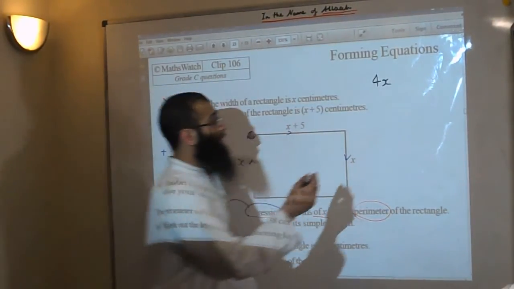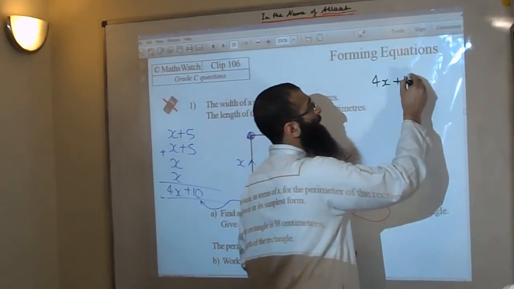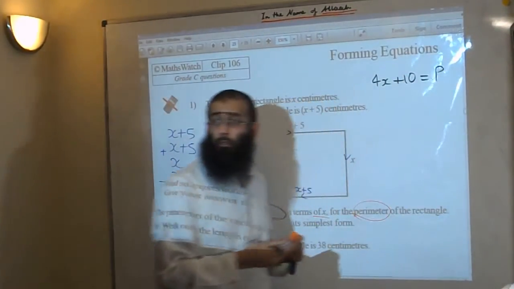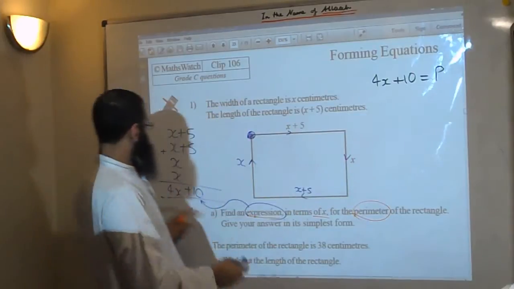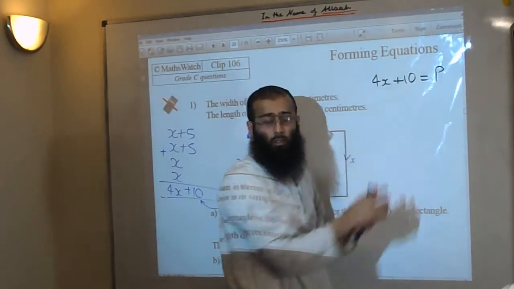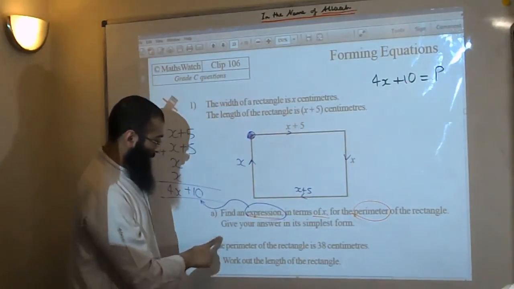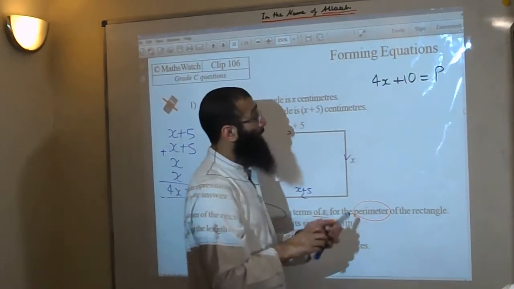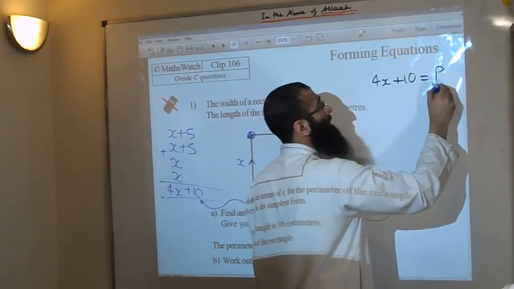Copy it out: 4x plus 10 is equal to the perimeter. Now this is an expression, no equals, and this is an equation. They've told us in the question that the perimeter is equal to 38.